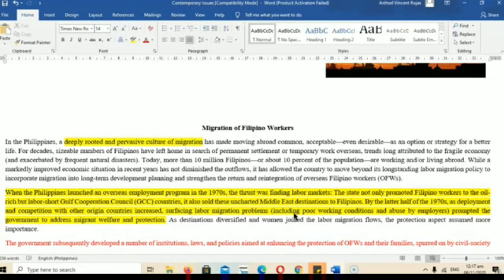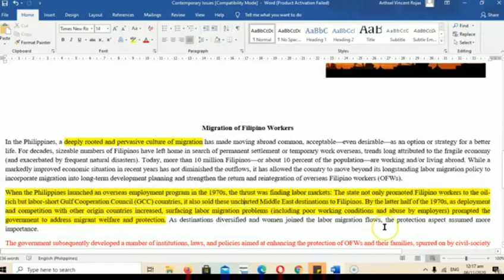We say the environment is not suitable for our condition, because we are used to the tropical climate. While working in the Middle Eastern countries, we can say that the climate is very extreme. When we say extreme, it is very hot.